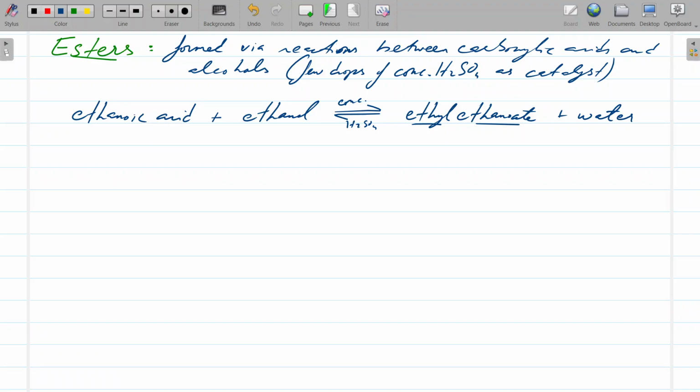These are the organic groups with a hydrogen removed from the alcohols.